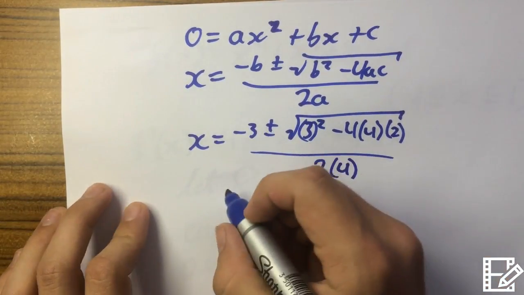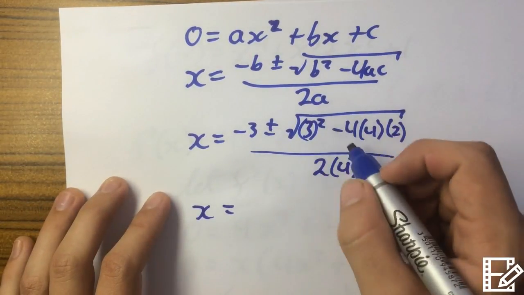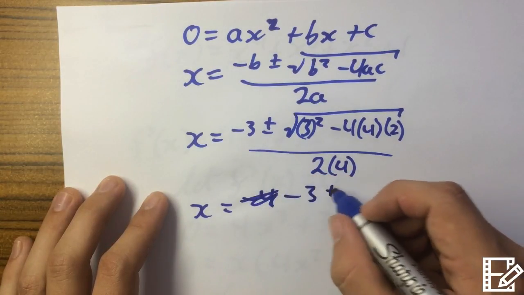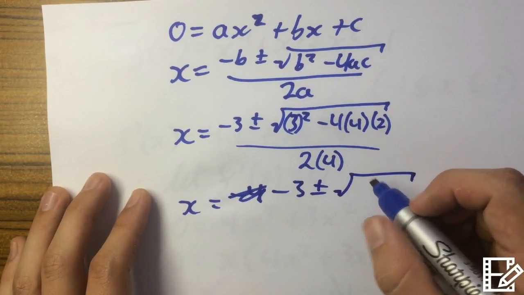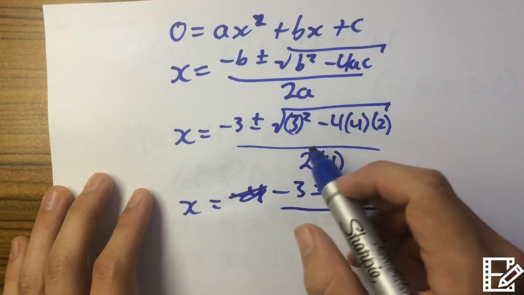Now, the only problem with this is that when you simplify whatever's in this, you'll get -3 plus or minus the square root of -23 over 8.